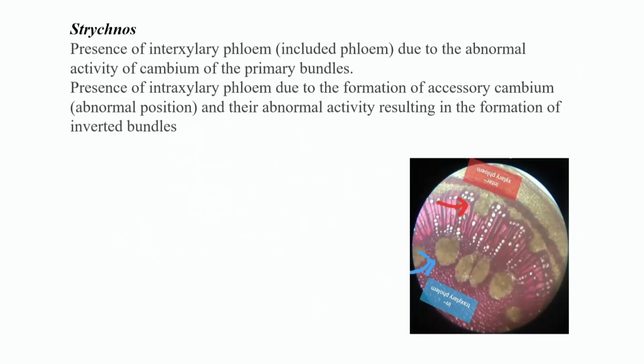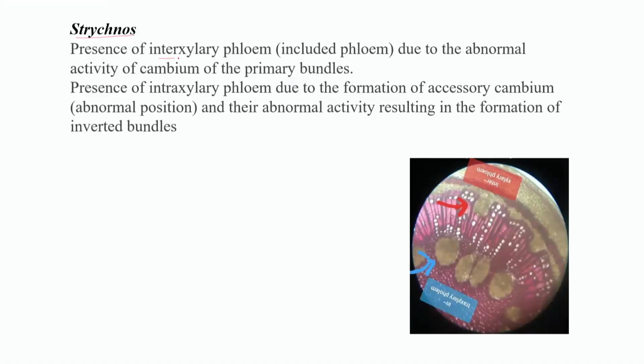Now coming to one very important example which is having the presence of included phloem: Strychnos stem. Okay, in Strychnos stem also you will see presence of two types of phloem. One is the interxylary phloem and the other is the intraxylary phloem.